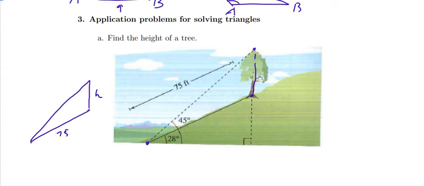Suppose this is A, this is B, this is C. So we need to know the angle. Let's say, can we know this angle C?